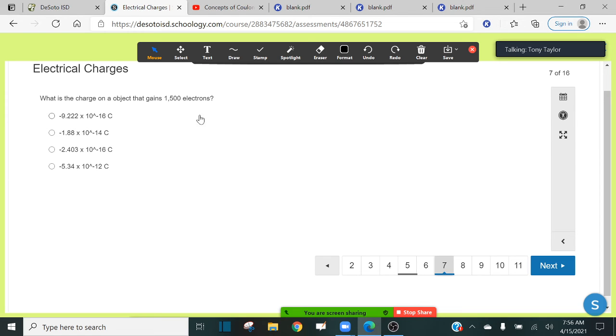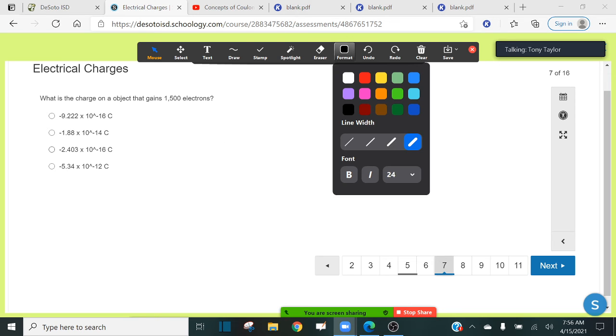Okay, look at this question right here. It says, what is the charge of an object that gains 1,500 electrons? Okay, so remember what I just said.